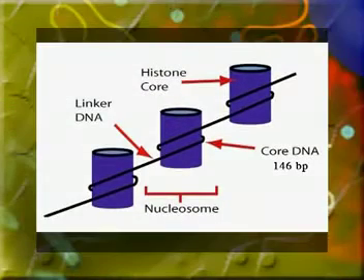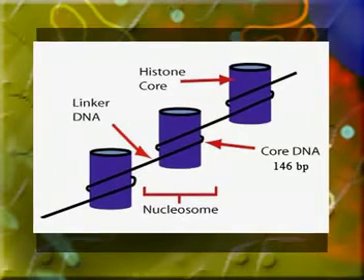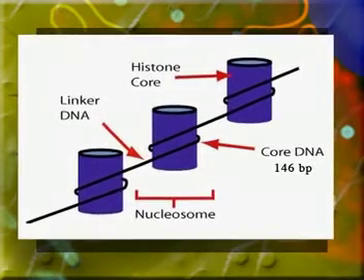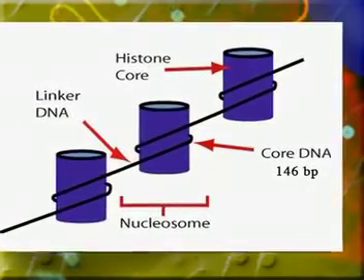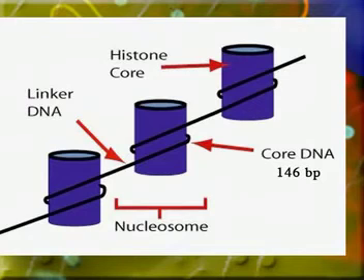The association of DNA with the histone octamer forms a core particle containing 146 base pairs of DNA, irrespective of the total length of DNA in the nucleosome. This complex of the histone octamer and 146 base pairs of DNA is known as the nucleosome core particle.